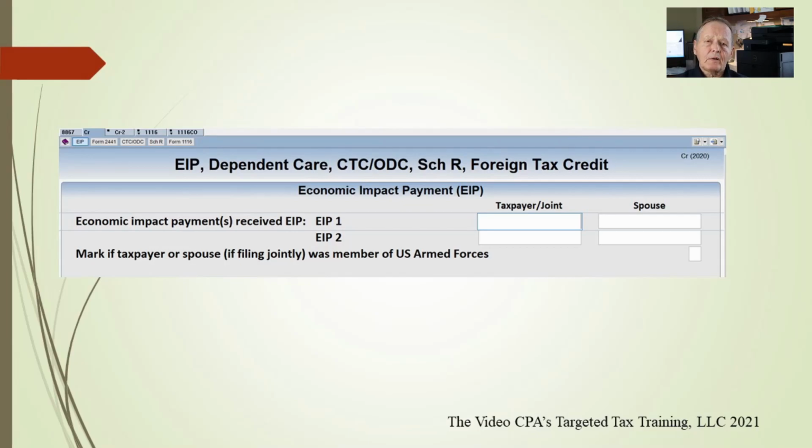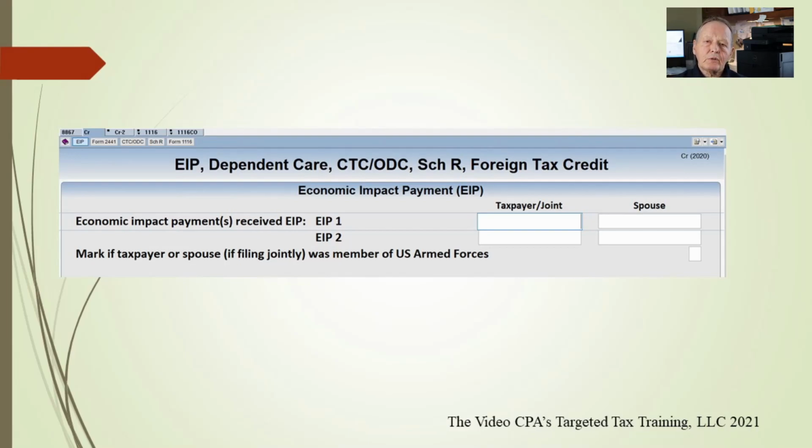They have a little spot here, and it's kind of hard to find, even for tax preparers. This is software for tax preparers, and it's kind of difficult to find, but it's got your economic impact payment 1 and your economic impact payment 2 on here. And you see it's got both taxpayer and joint, and if you've got it for the kids, you would put the amount for the kids in there as well.